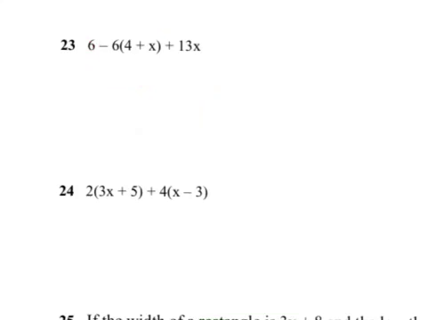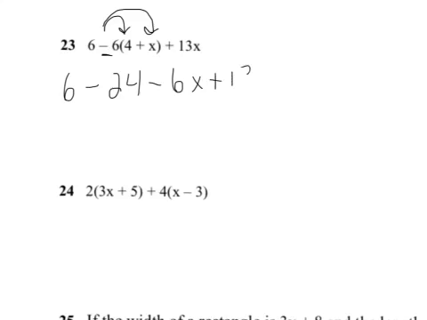Okay, number 23, we will distribute this negative 6 to each of the terms inside of the parentheses. So we have that first term 6, we just brought it down. And we take the negative 6 times this positive 4, negative 24. Negative 6 times positive x is negative 6x.